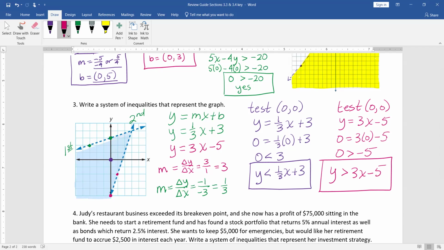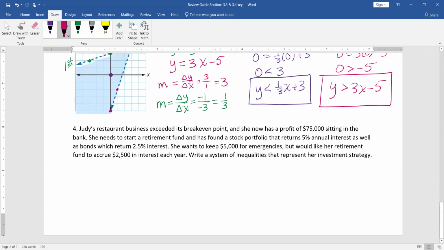All right, that's it. Go ahead and move on to the last one. This is one of the word problems that we had from the previous section, and I think all I'm asking you to do is write the system of inequalities. You don't have to solve them. Judy's restaurant business exceeded its break-even point, and she now has a profit of $75,000 sitting in the bank.